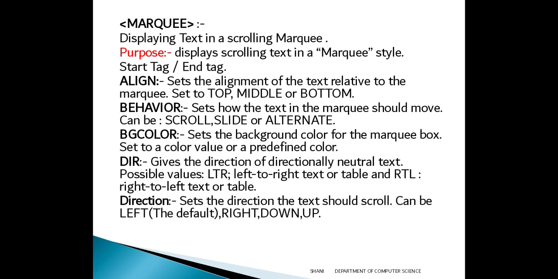Dir gives the direction of directionally neutral text, possible values LTR, left to right text or table, and RTL, right to left text or table. Direction sets the direction the text should scroll, can be left, right, down, up. So marquee means scrolling the text from right to left or left to right.